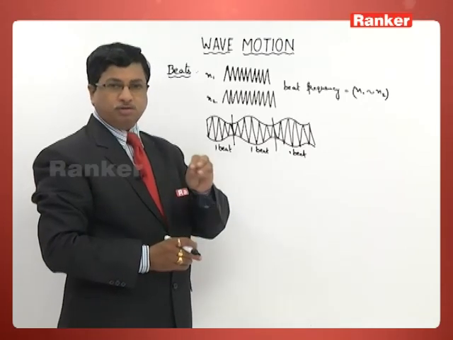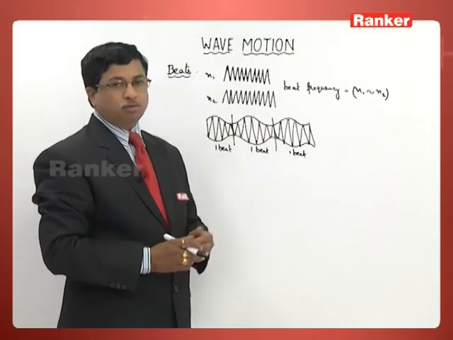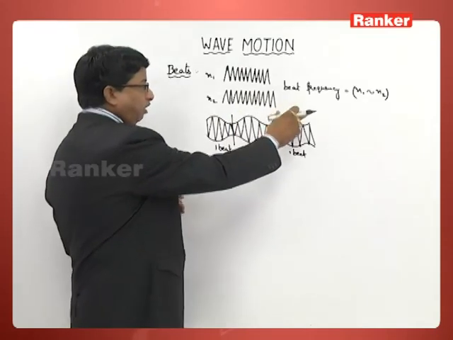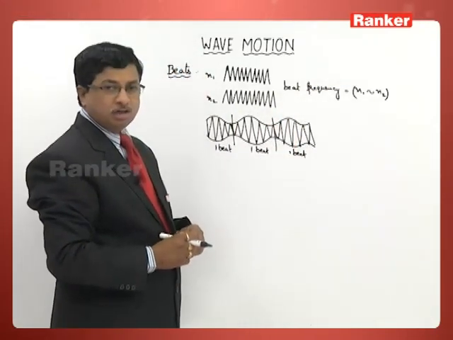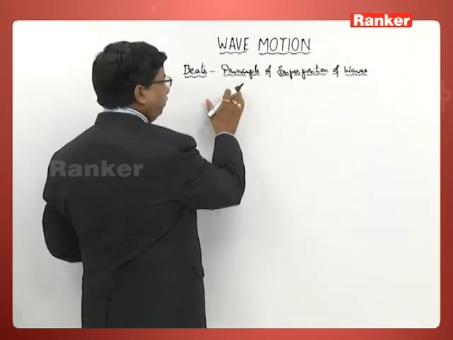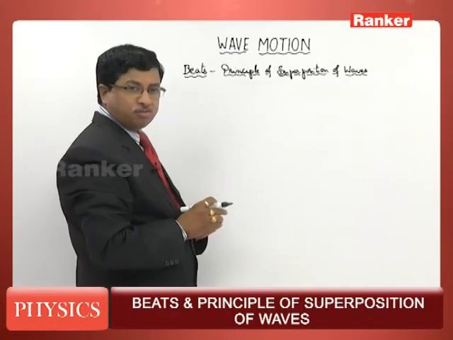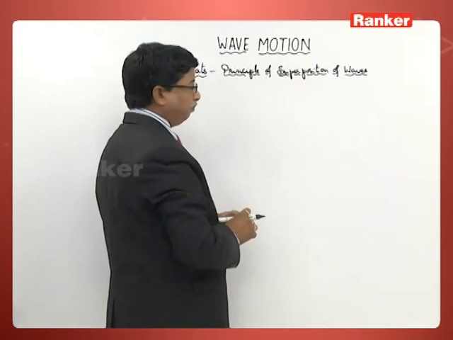That's what we are going to take up to explain that the beat frequency is equal to N1 minus N2. So let us now take up the geometrical interpretation of beats by considering the principle of superposition of waves.